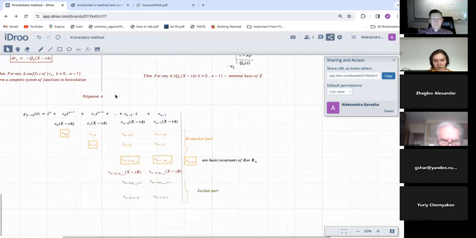So for this nilpotent case, we can call it a double shift method, because initially we shifted the argument to our singular element A, took the coefficients, and when we got not enough coefficients, we shifted the argument once again by another regular element B, and got some other coefficients that will give us a Jordan part.